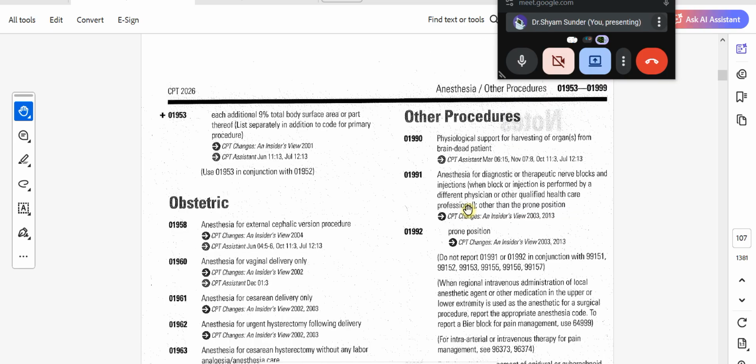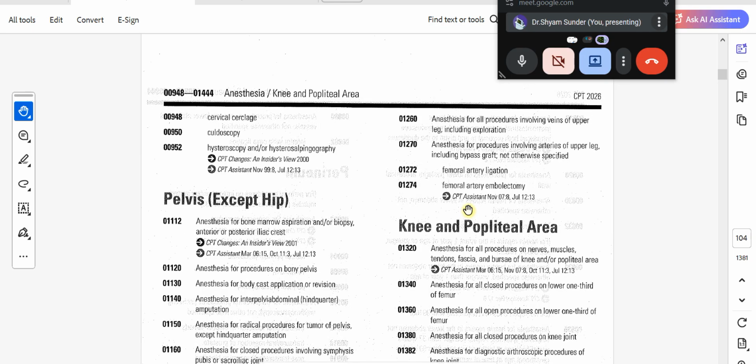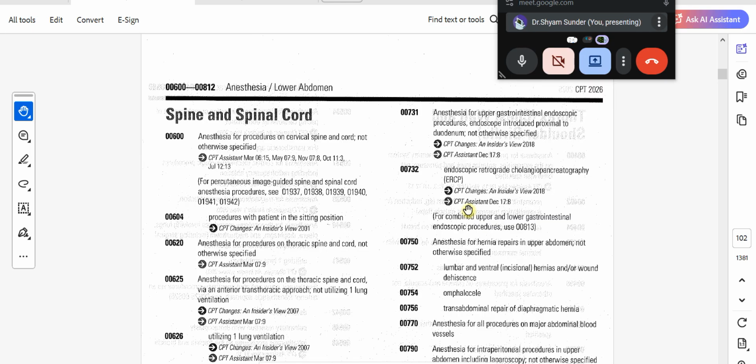So you have a very limited number of codes in anesthesia, and all that you have to do is identify the surgical site where the surgery is done, which organ system, and what procedure. Three questions you would answer: what is the surgical site, what is the organ, what is the procedure.